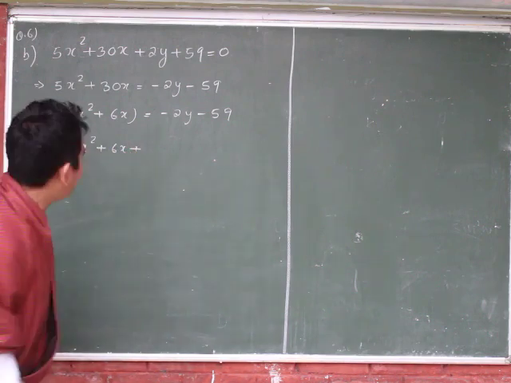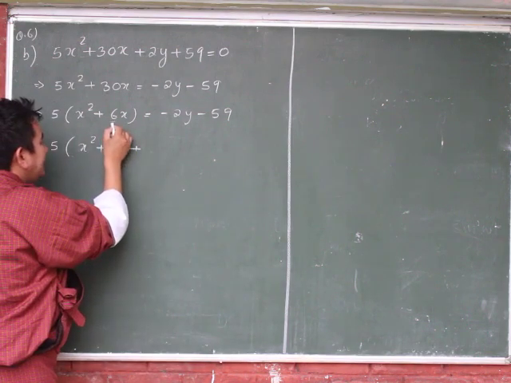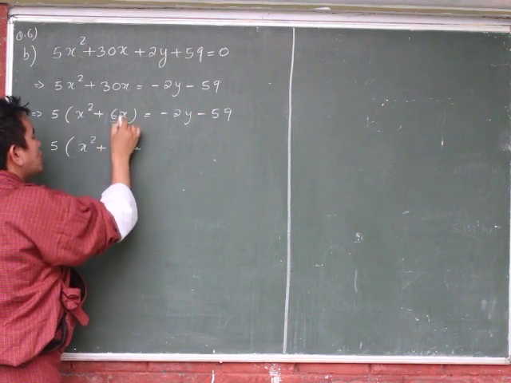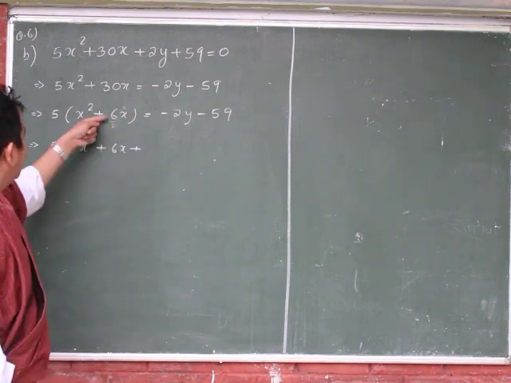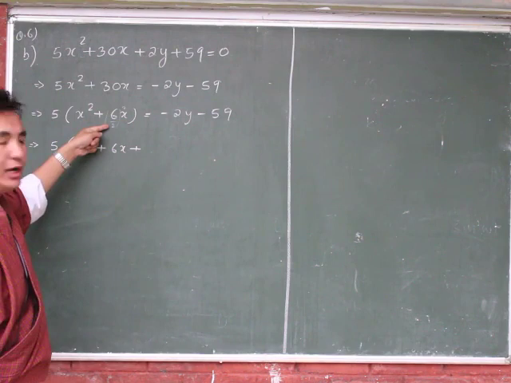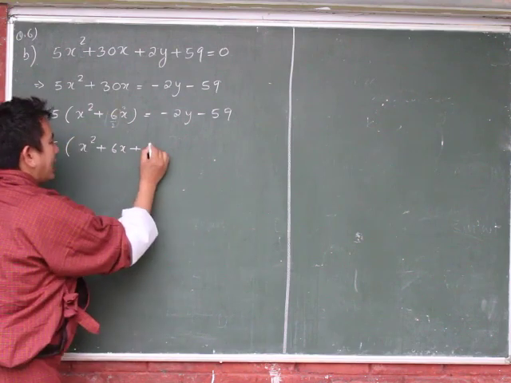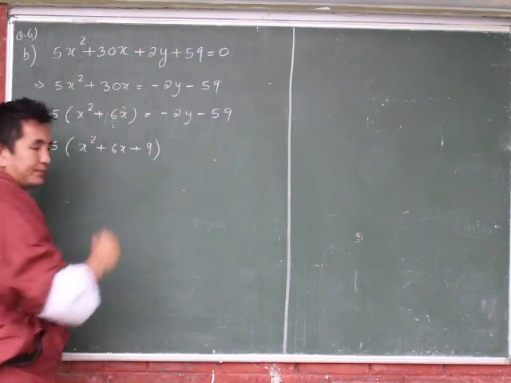Now listen carefully. Divide this 6 by 2 and square it. 6 divided by 2 is 3. 3 squared is 9. Write this 9 here.